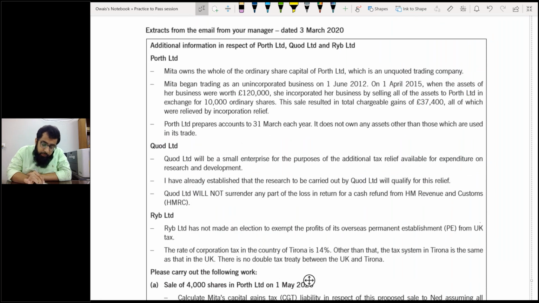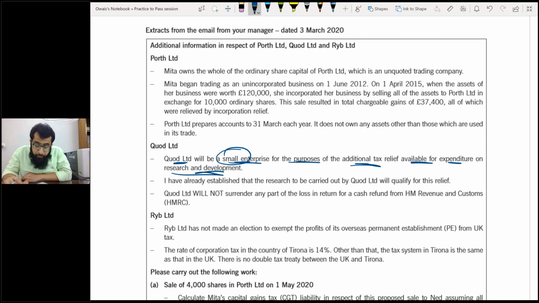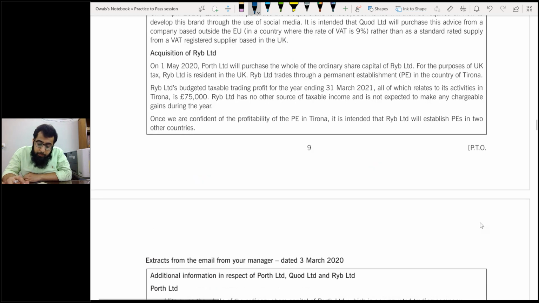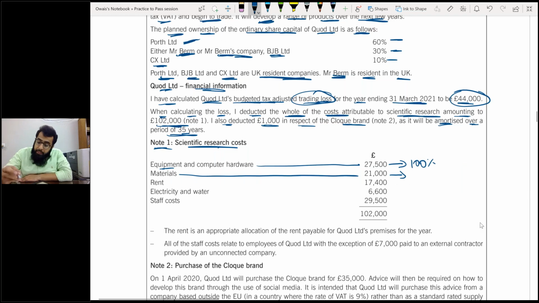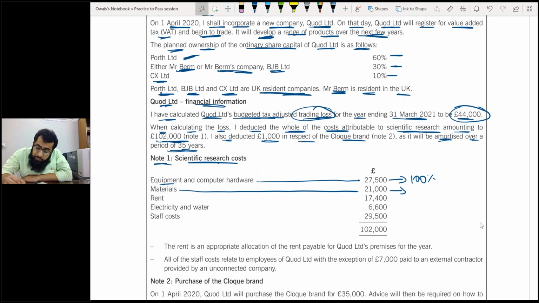Yes, here it is written in the later part of the question. Quad Limited will be a small enterprise for additional tax relief available on R&D. Now, when a company is a small company, your normal relief is 100% and your additional relief is 130%. So your total allowed expense is 230%.